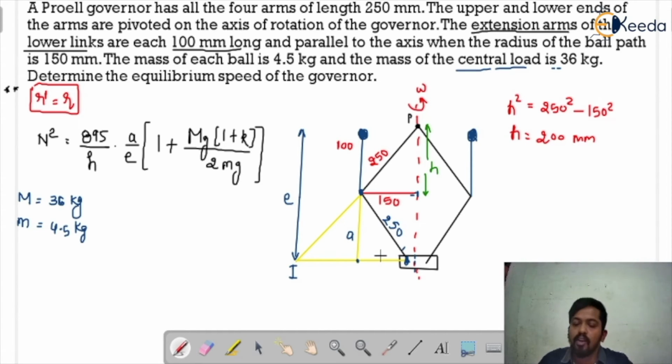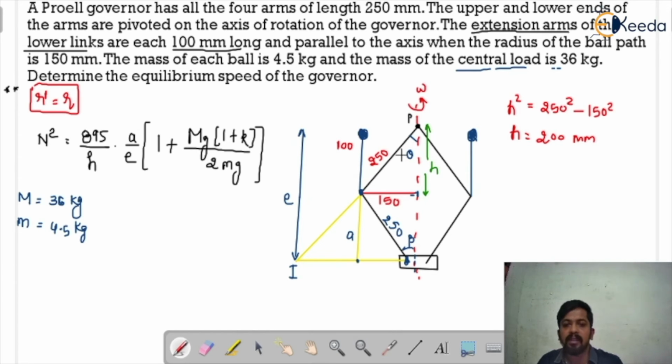How can we get the value of A? See, in the governor, when all the arms have the same length, that means this is 250 and this is 250, and there is an angle theta which is also equal to the angle beta.